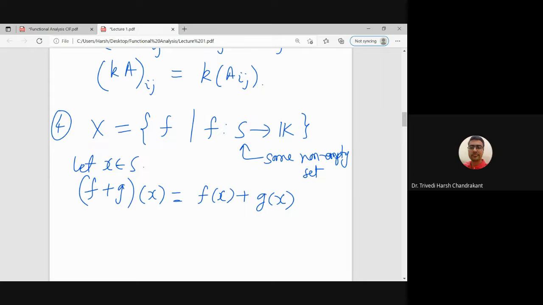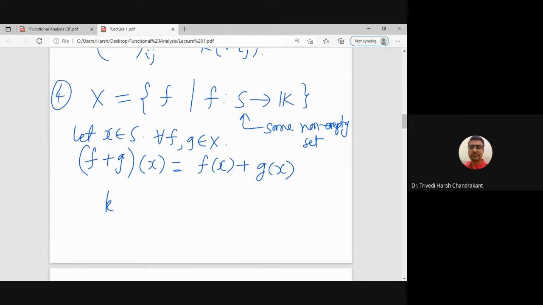Here we are taking this for every f and g in X. Similarly, what is (k times f)(x)? It is k times f(x).